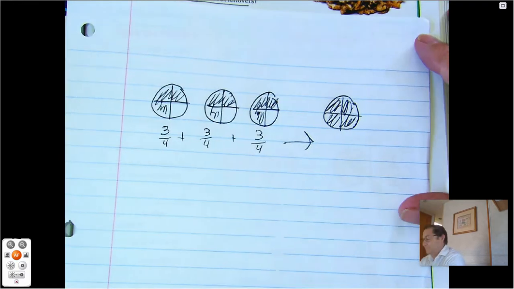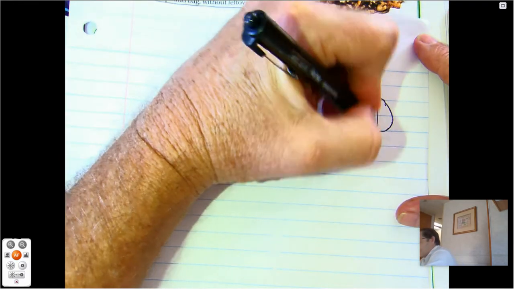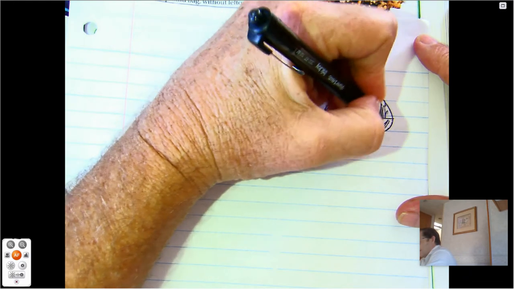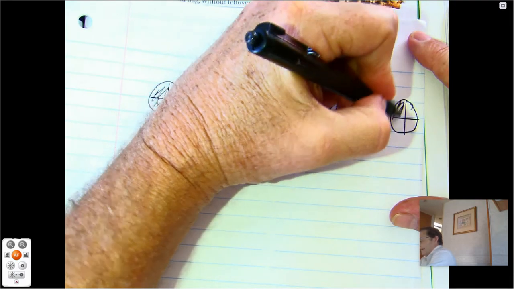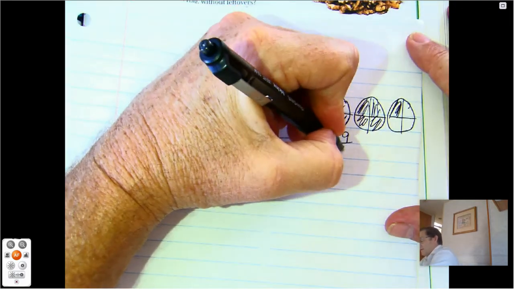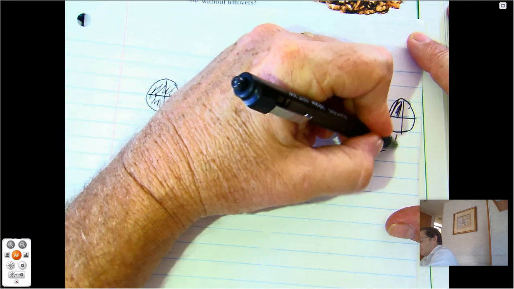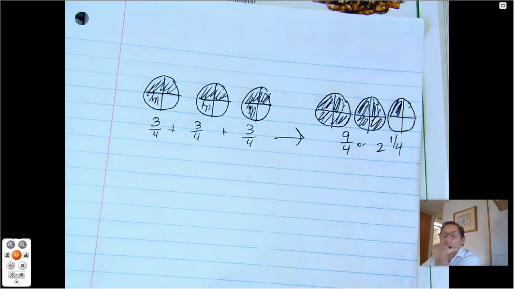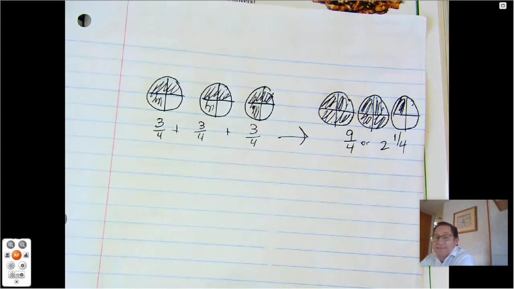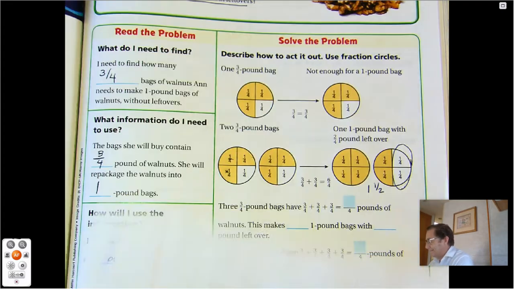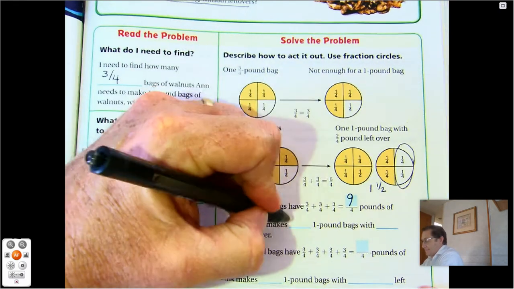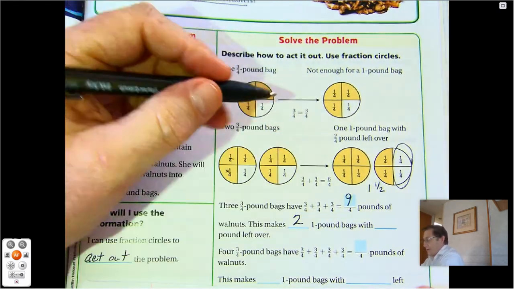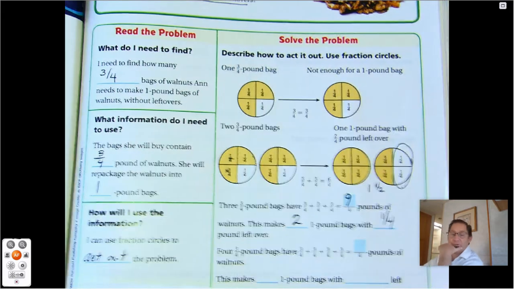That's 4. That's 8. And then I would have one more. So 9/4 or 2 and 1/4. Well, I have two 1 pound bags, but I have a 4th left over. So 9/4 pounds of walnuts makes two 1 pound bags with a 4th left over.